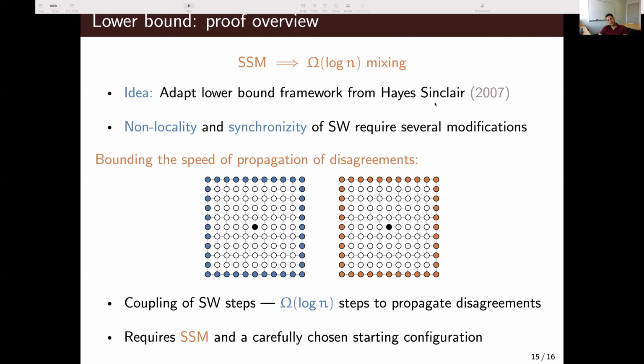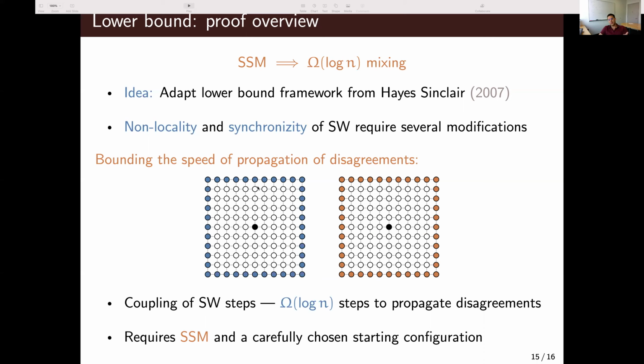In the global dynamics, it is a little simpler because in order for the disagreements to propagate here, if we're always updating the same vertex in both copies, we need to hit something that is close to the disagreement and propagate step by step from the disagreements to the center, right? And that means that there has to be a path of disagreement, and you can count the number of paths and bound the probability of each path under the global dynamics. But the Swendsen-Wang is quite global, right?